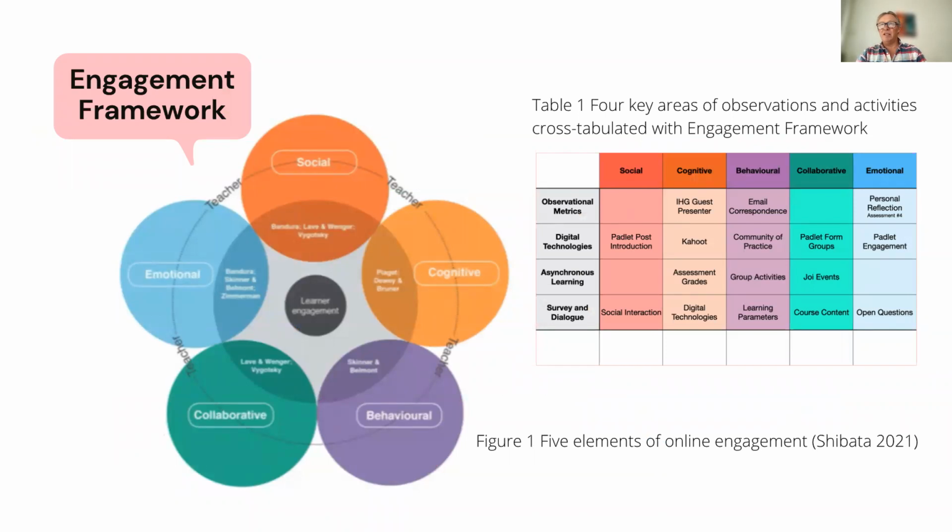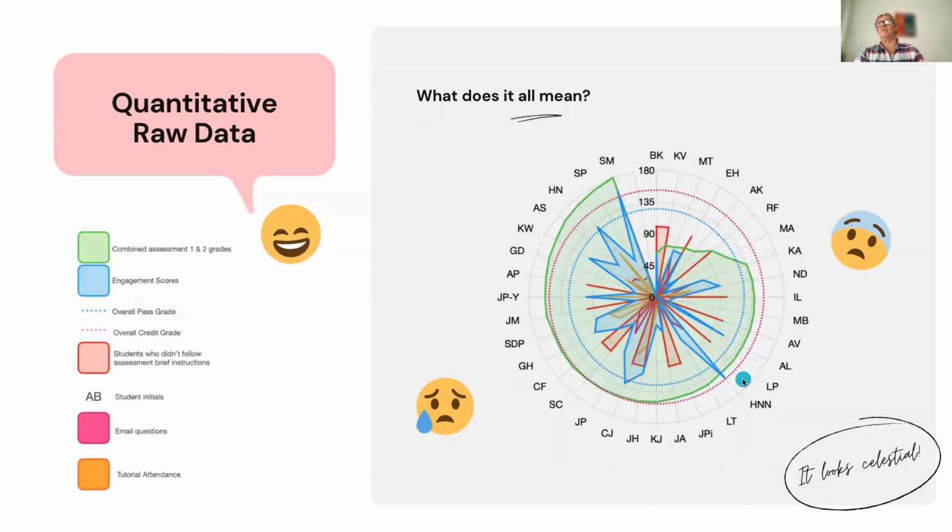Now, Shibata in 2021 came up with an engagement framework, and I used the social, cognitive, behavioral, collaborative, and emotional concepts within that, and mapped in the matrix, as you can see, the different quantitative and qualitative activities that I engaged with within the research.